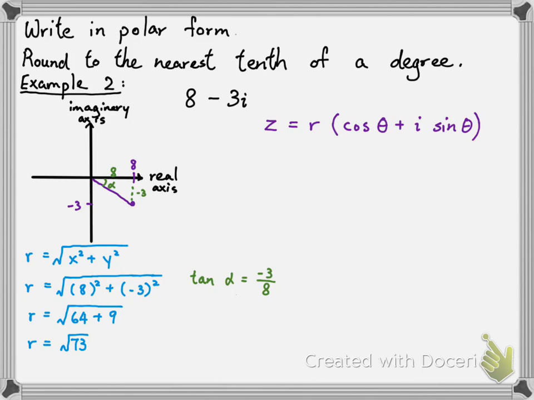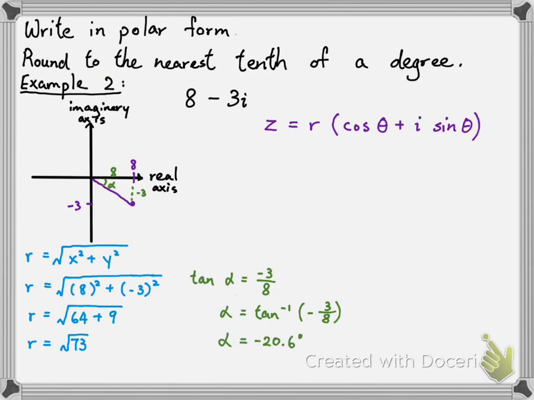If we take tangent inverse to both sides of the equation, we can find alpha. Be sure you change the mode to degree, as stated in this question, to round to the nearest tenth of a degree.